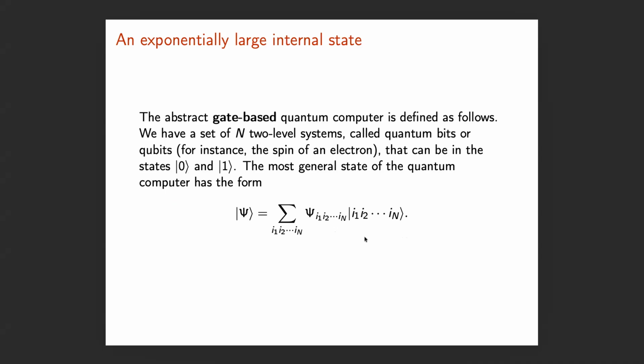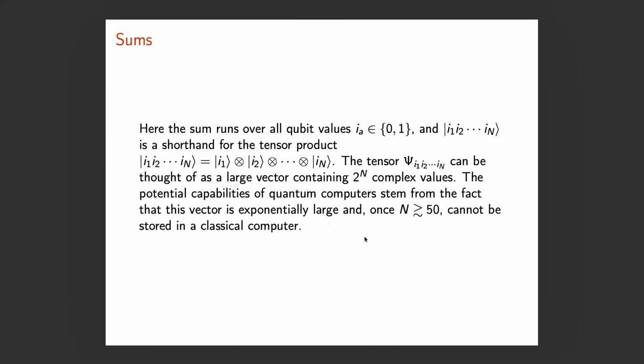So I'm coming back to the mathematics here. The sum runs over all the qubit values, which can be 0 and 1. And this one here is actually a short for a tensor product. I'm going to break this down a little bit later, so you see more of the mathematical details. For now, just look at this as a complex state.